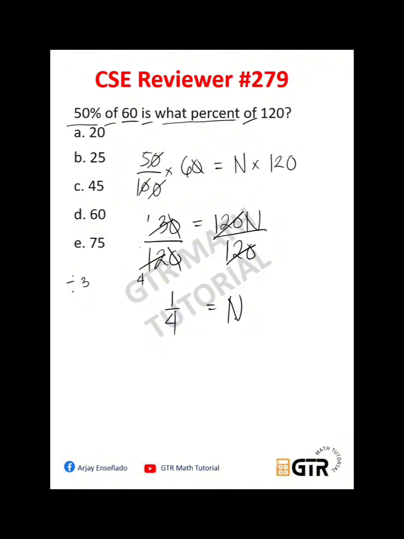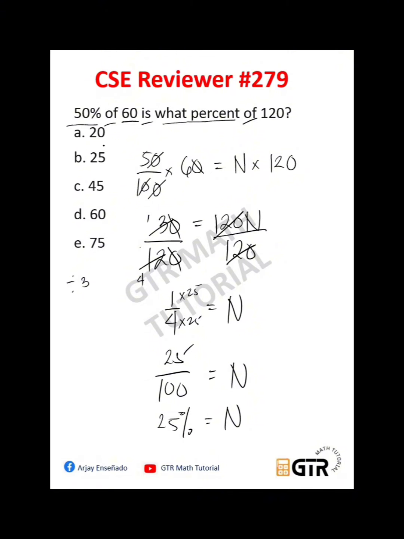Now to convert 1/4 to percent, since percent means 1 over 100, let's convert this to a denominator of 100. Multiply both the numerator and denominator by 25. 4 times 25 is 100, 1 times 25 is 25, therefore, n is equal to 25%.